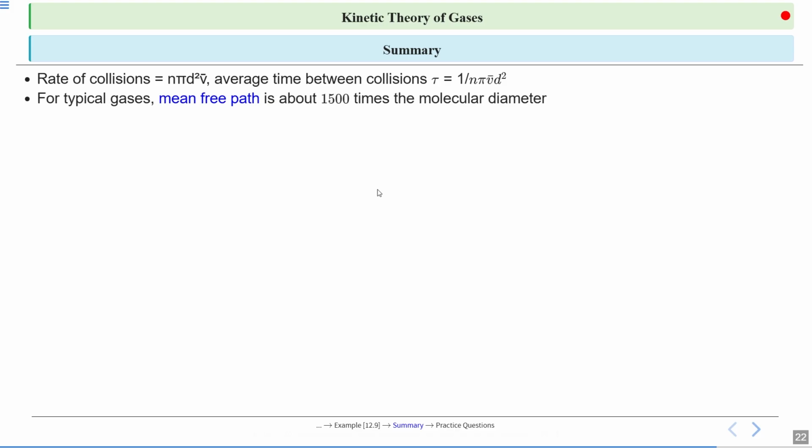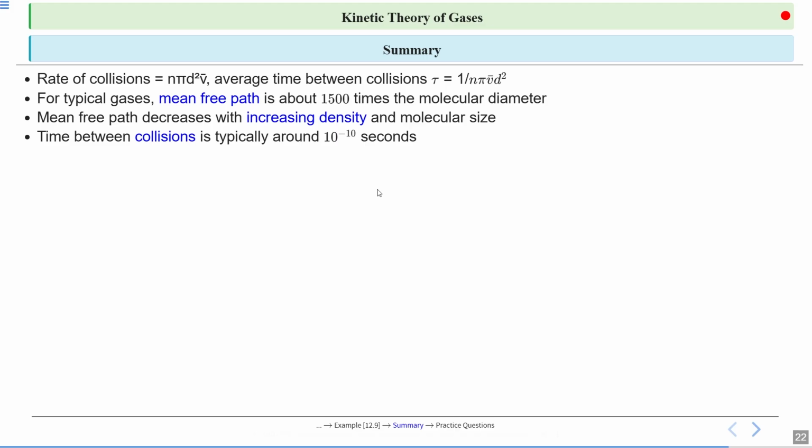For typical gases, mean free path is about 1500 times the molecular diameter. The large ratio indicates that molecules travel quite a distance relative to their size before colliding with another molecule. As we increase the density of gas or the size of molecules, the mean free path decreases.